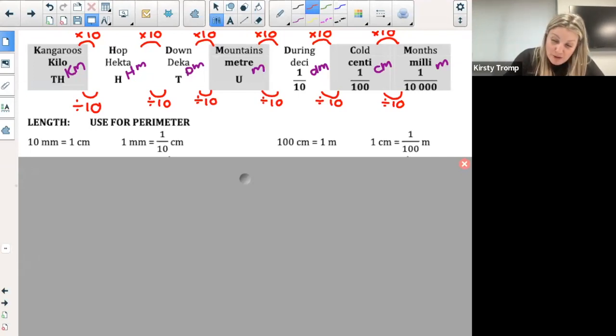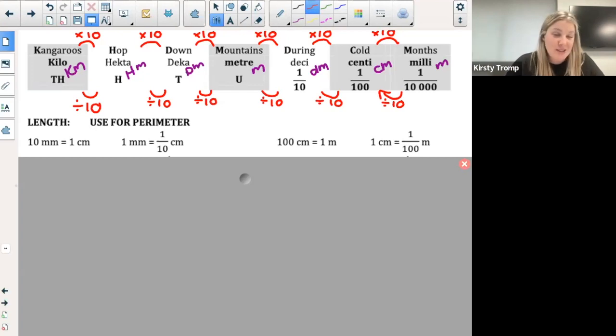We need to move up. So we're going to divide by 10 to get to 1 centimeter. So 10 millimeters equals 1 centimeter.